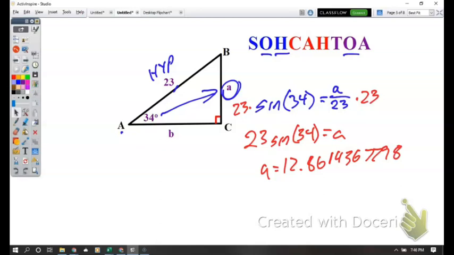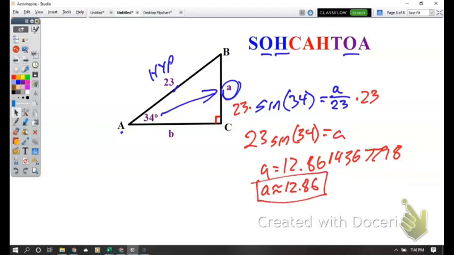Your trig ratios are almost always going to be these great big awful decimals. They're irrational, like square roots. So we're going to round this off to the nearest hundredths place. And so A is approximately 12.86. All right. So that's A.